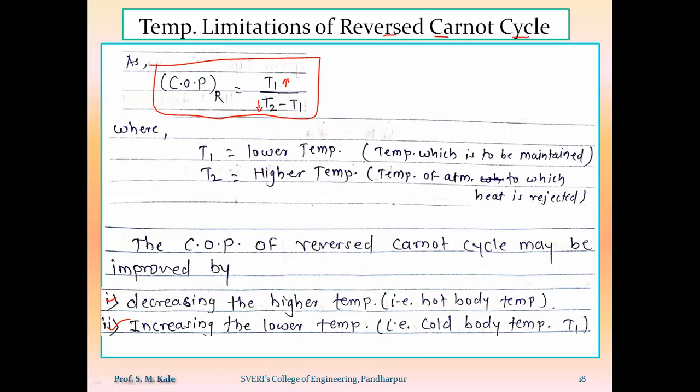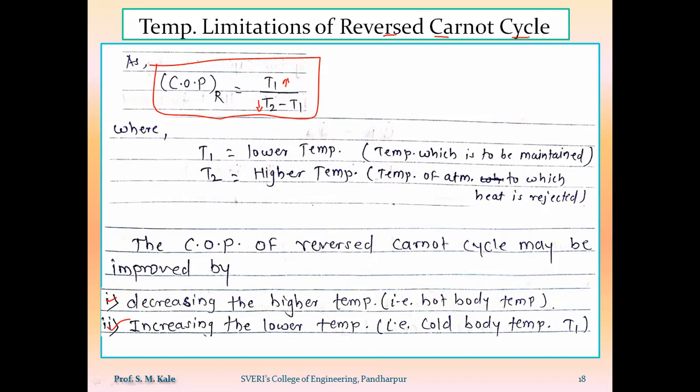The reverse Carnot cycle has some practical limitations, and because of those practical limitations, we cannot use it in actual practice. That's why the reverse Carnot cycle is utilized as the ultimate standard of comparison only. Now, what are the limitations of using the reverse Carnot cycle?